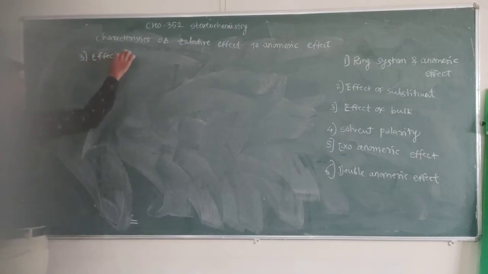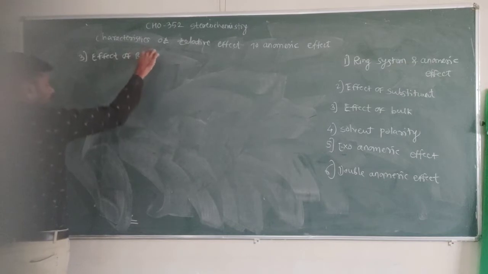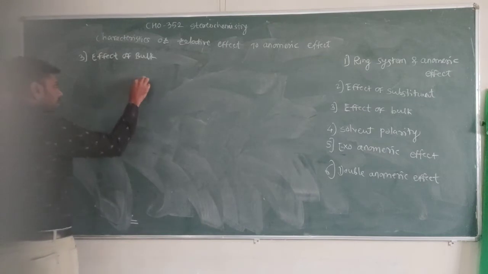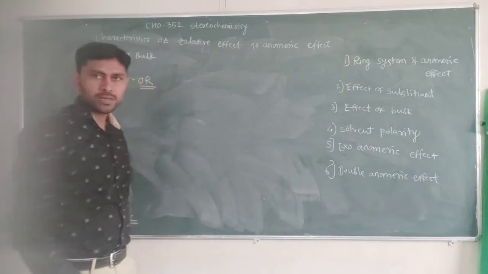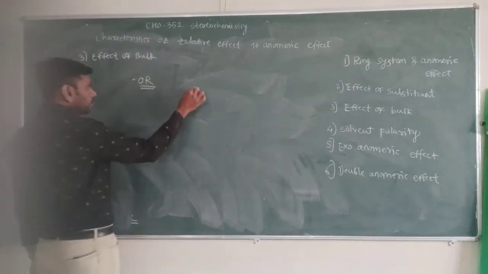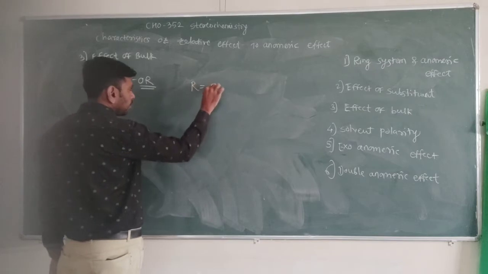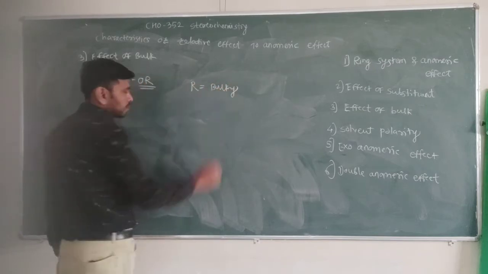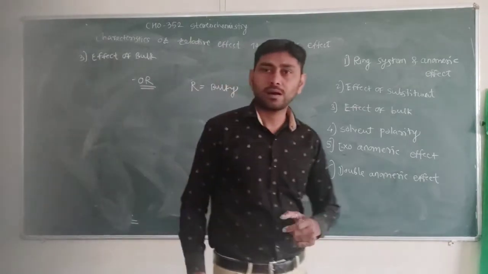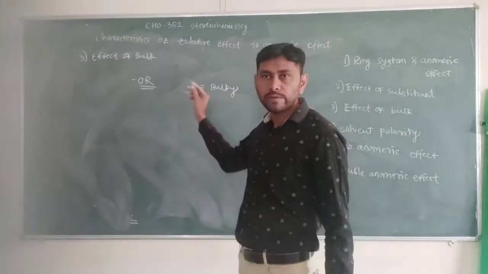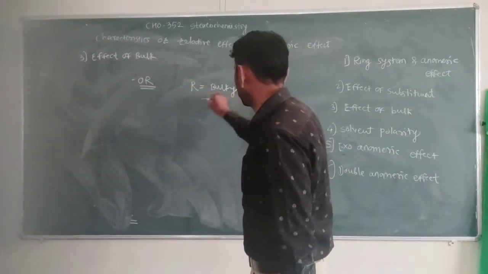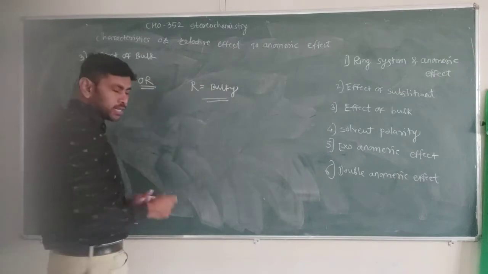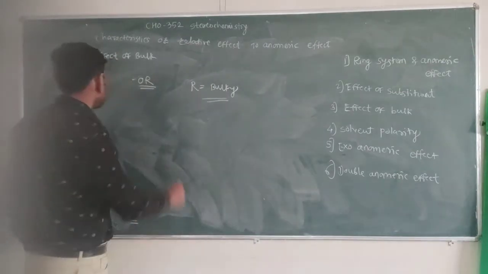Suppose the substituent is OR, an alkoxy group. When the alkoxy group is the substituent, then if R is bulky, it has no direct effect on the magnitude of the anomeric effect. So the bulkiest R group doesn't change the magnitude of the anomeric effect sufficiently.